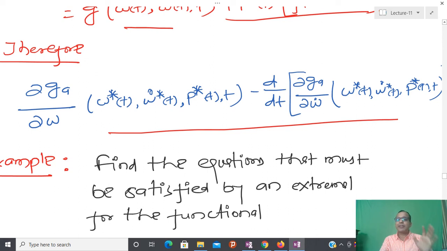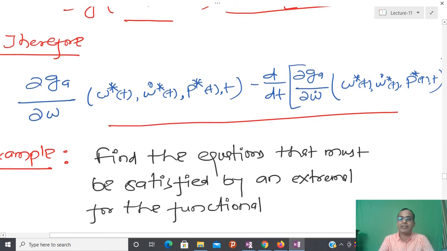Either you have some kind of constraint in the form of a point constraint or in the form of a differential equation, you can define the augmented function, and whatever Euler equation you have learned, you can just solve the Euler equation, and at the optimal point, that is omega star, omega dot star, p star, the constraint should also be satisfied, and due to that reason, apart from this, you have some equation of constraint. So the Euler equation with constraint will extremize the functional with constraint. That is the idea.